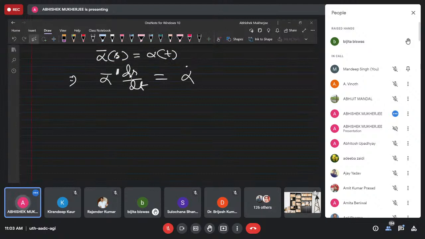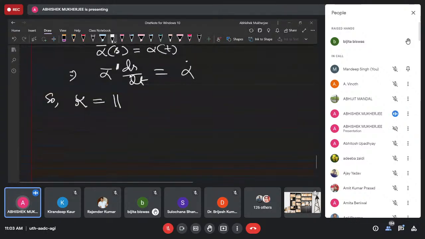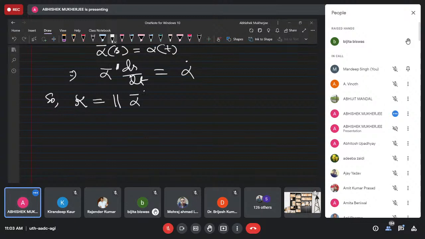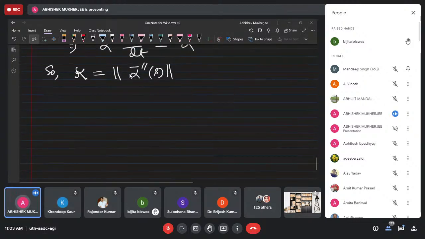So by using the definition of the curvature, your kappa will be, by means of the unit speed parameterization, the norm of alpha bar double dash of s. I'm not going to compute all these calculations, so you can do them on your own.